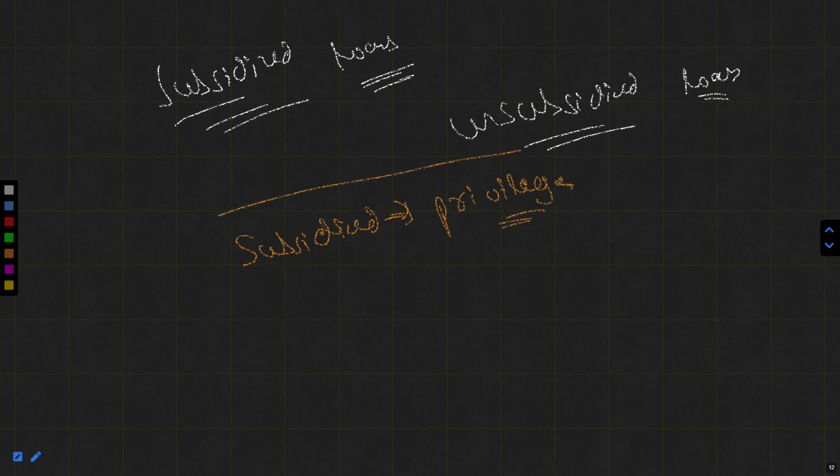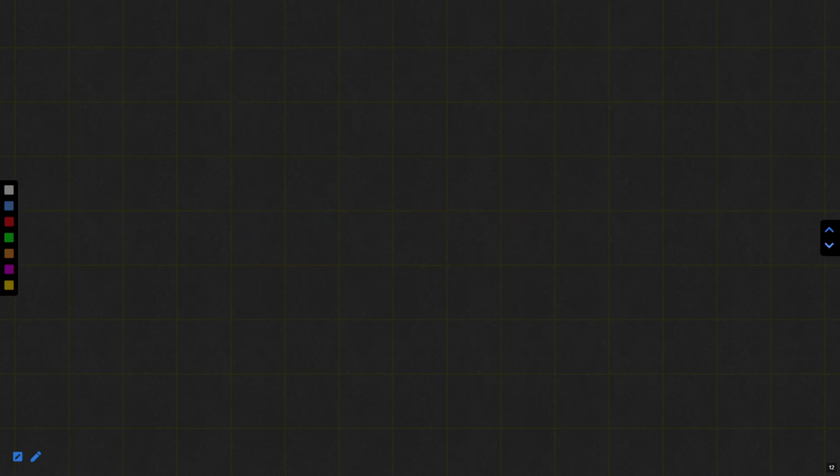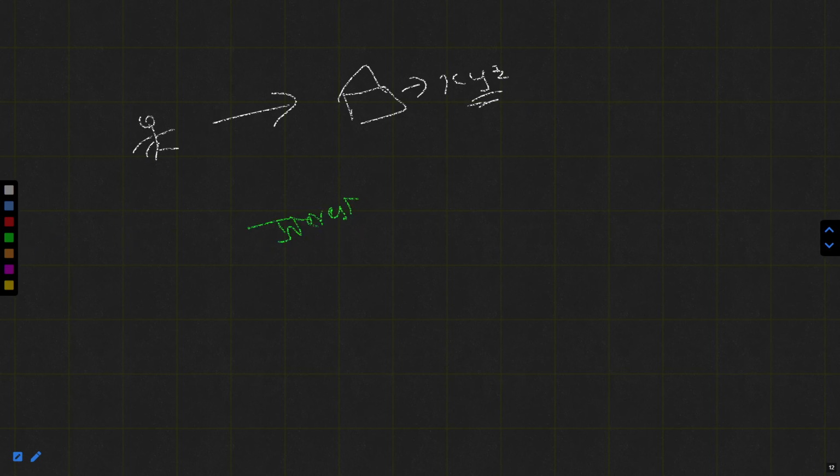Suppose a person is going to take a loan from the bank XYZ. There must be some interest chargeable on the loan.